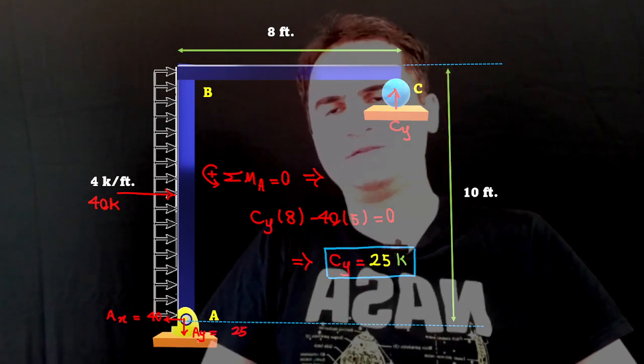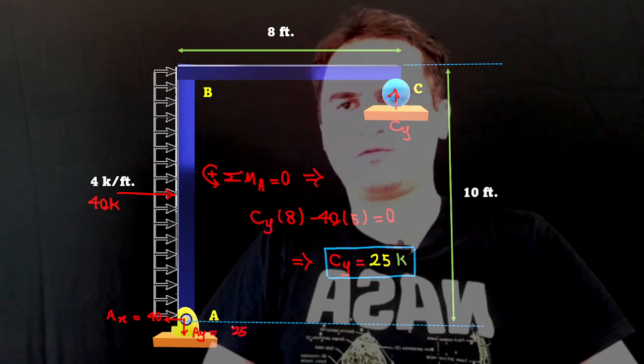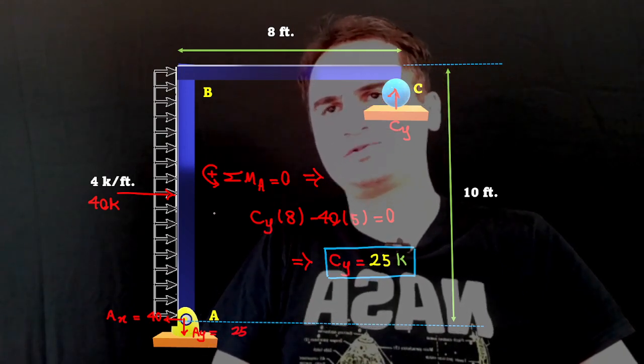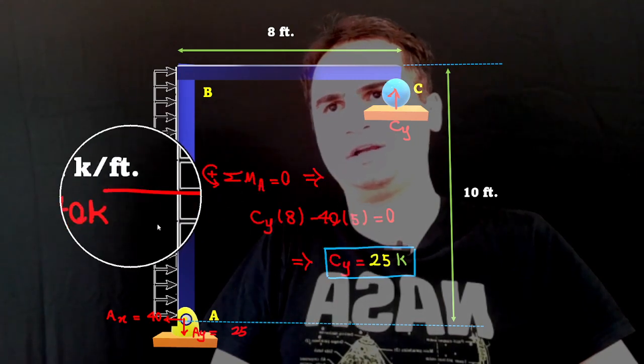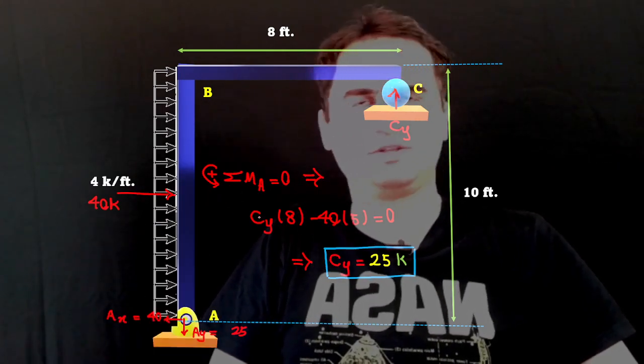That gives us A_y, which should cancel out that force, so it's a downward force, and the horizontal force, which is 40, should be cancelled out by A_x in the opposite direction.